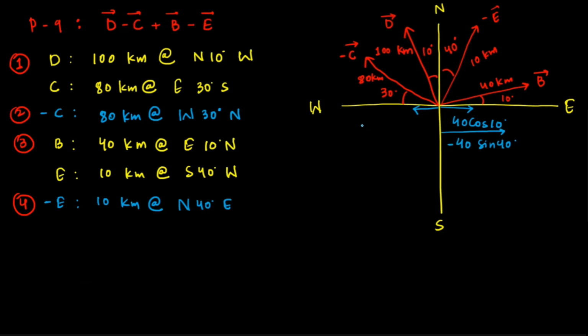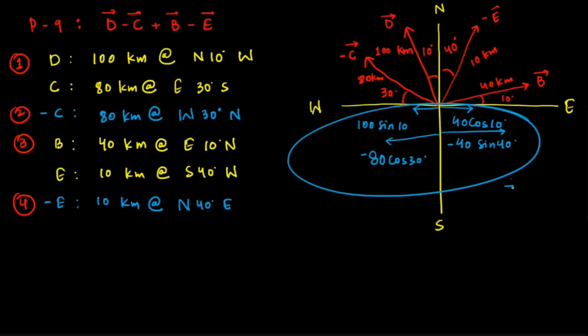So here also we can see that it is going to be 100 sine 10 for this D vector, and similarly for this minus C vector, it is going to be minus 80 cos 30. So these are the four vectors that will give us the summation along x.